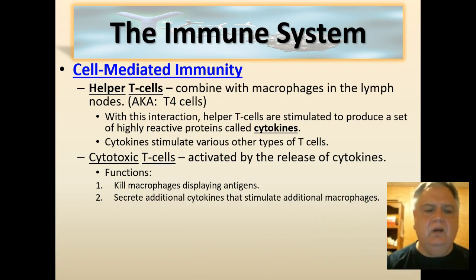In addition, the cytotoxic T cells can secrete additional cytokines of their own, and these additional cytokines can stimulate additional macrophages, sort of saying, hey, there's antigen out there, there are pathogens out there causing damage to the body, and the cytotoxic T cell now recruits more macrophages and says, get out there and engulf and remove those pathogens.